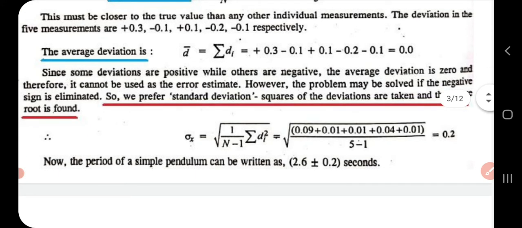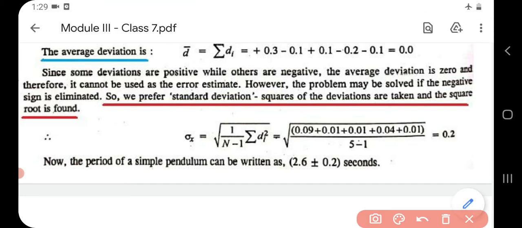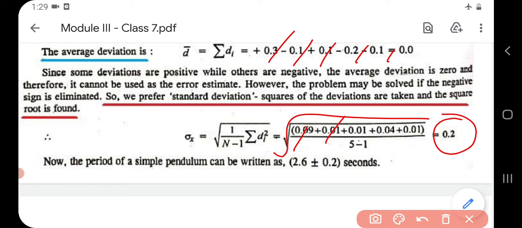So how will the standard deviation look? As per the formula discussed earlier, sigma is equal to root of 1 by n minus 1 sigma di square. So here 0.3 squared is 0.09, and negative 0.1 on squaring becomes the positive value 0.01. Like that you have to square each of these values, and then finally taking the square root as per the formula, you get the standard deviation as 0.2.